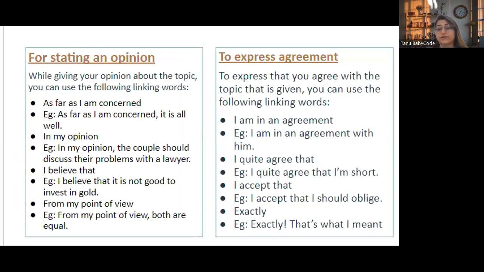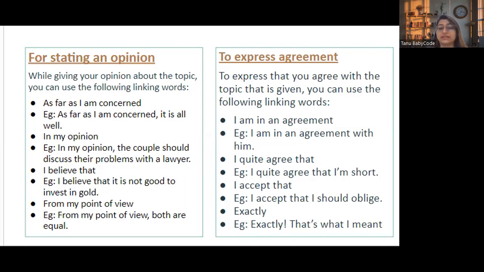For stating an opinion. Now, when you want to give your opinion on a certain topic, what connectors can you use? First one, as far as I'm concerned, in my opinion, I believe that, from my point of view. So you can use all these linking words when you want to state an opinion. Start practicing, I would say.